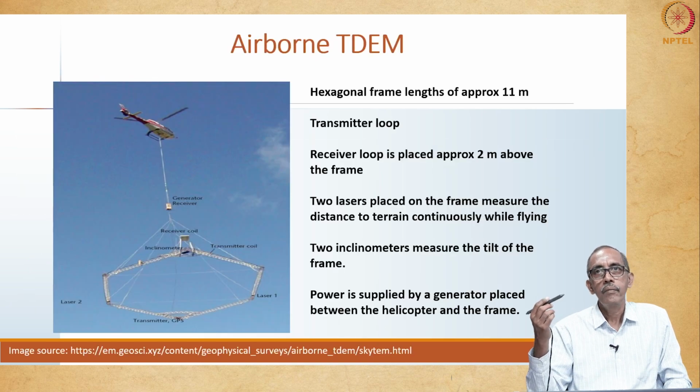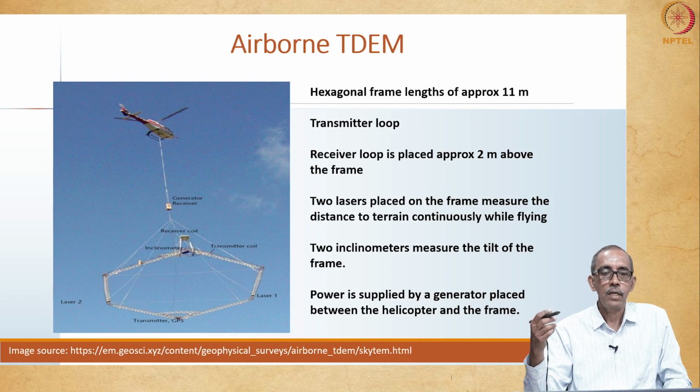And similarly, the same technology can also be done from the aircraft. So, we have seen a small video indicating how we are towing both the receiver and the transmitter, right.